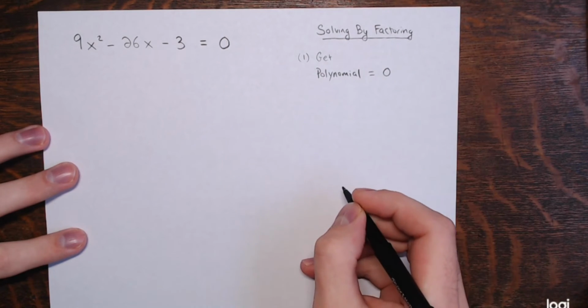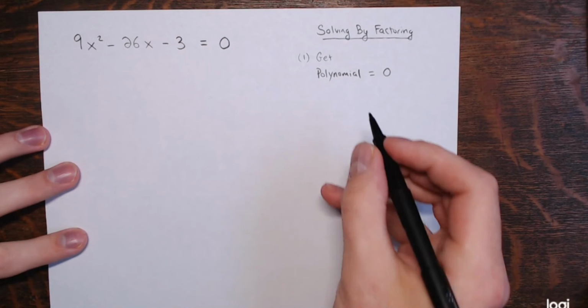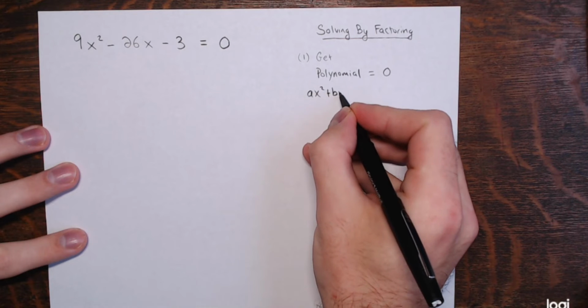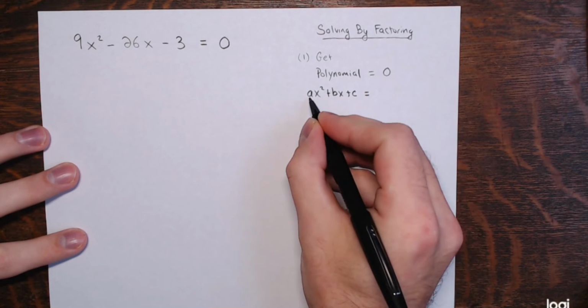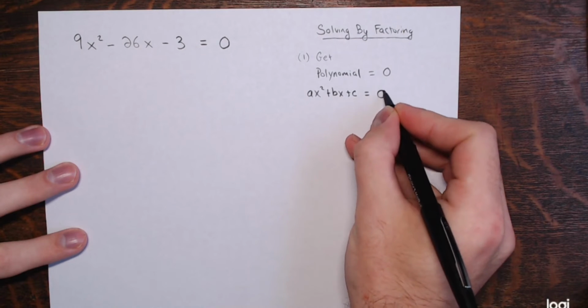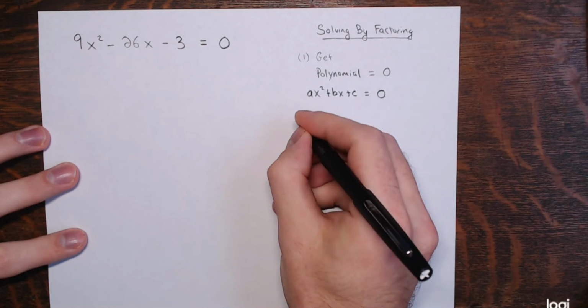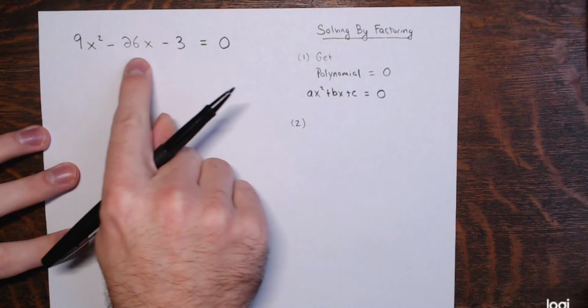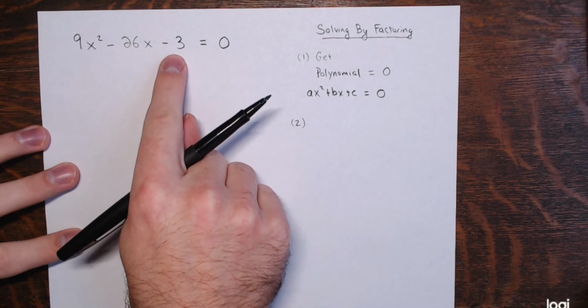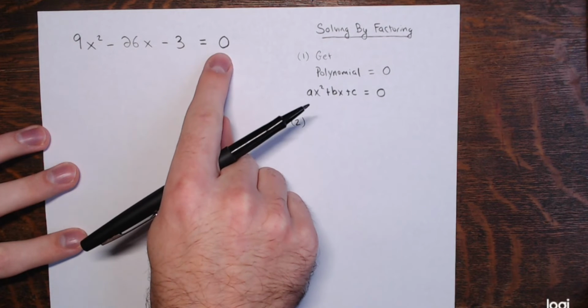And being that these will be quadratic polynomials, it should look like this, ax squared plus bx plus c, where a, b, and c are real numbers, equals 0 on the other side. So that is done here already for us. We have a quadratic polynomial on one side and 0 on the other.